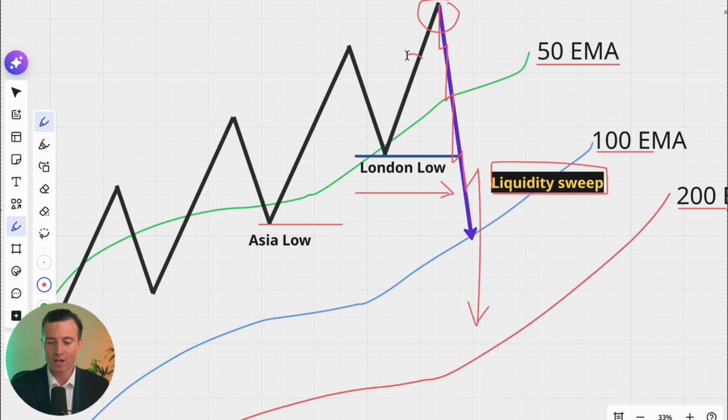So imagine that you bought in the London session. A lot of traders are going to have stop losses below London low and below Asia low. And so this liquidity sweep is going to be stopping traders out. And therefore, this is ultimately what is providing sell side liquidity.